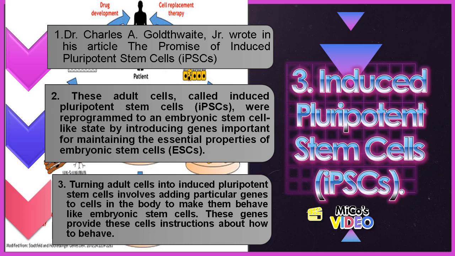These genes provide these cells instructions about how to behave. This process is analogous to changing the instructions in a computer program to make the computer do a different task. Researchers anticipate that the use of iPSCs can help treat diseases like Parkinson's or Alzheimer's in the future.